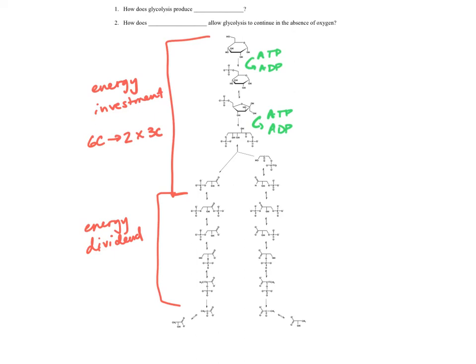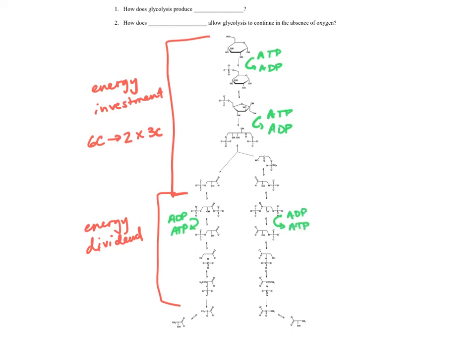Okay, let's talk about doing this in reaction 7, where we take an ADP and make an ATP. Notice it's backwards. Up here it was ATP to ADP because it's an investment. Down here we're making an ATP, and it's a dividend. However, we've got to do this twice because reaction 7 happens twice.